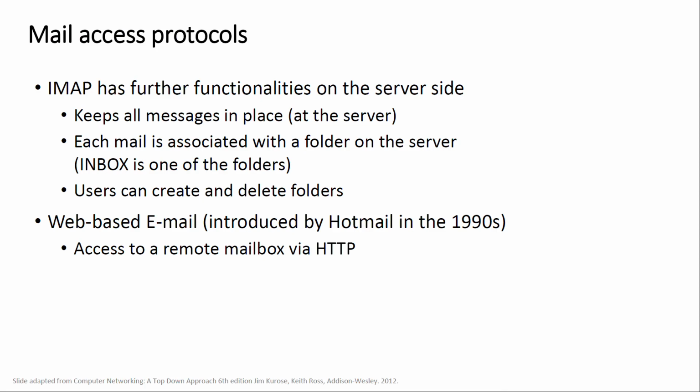Once you read an email on the server side, it appears as read. This way, if you are using different devices to connect to your email, making one change in one of them affects all the others.